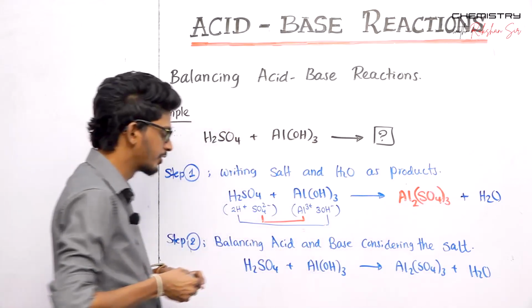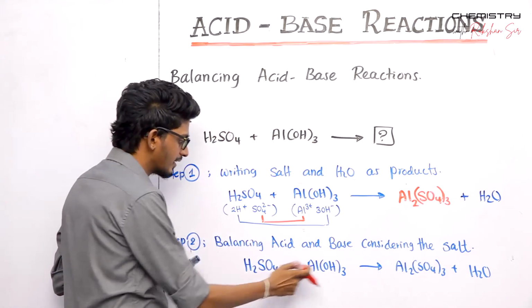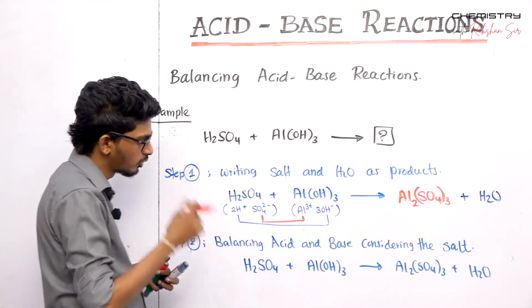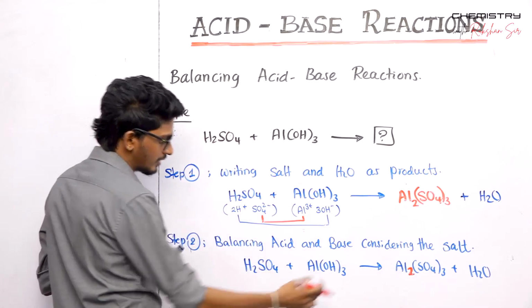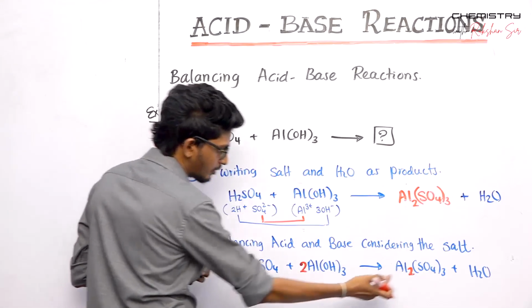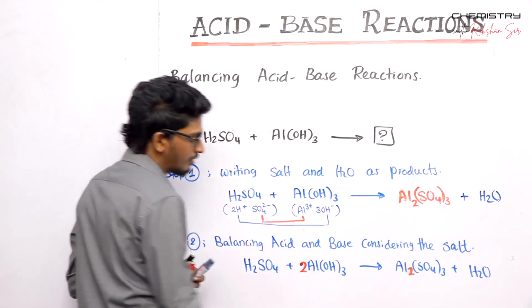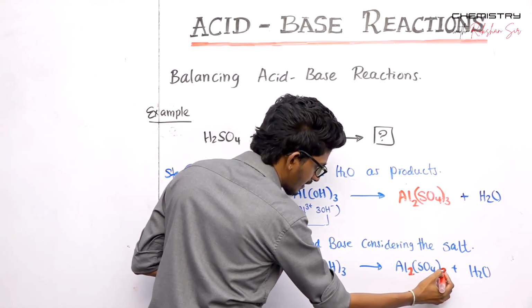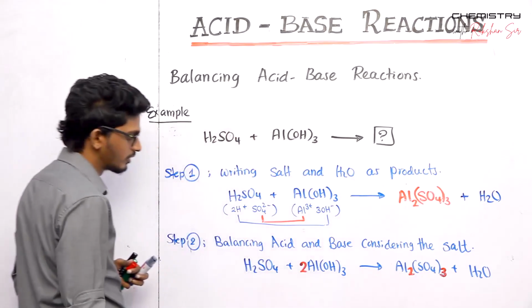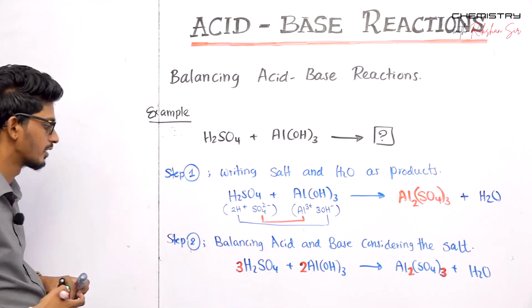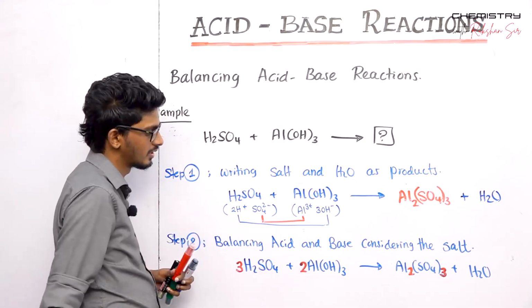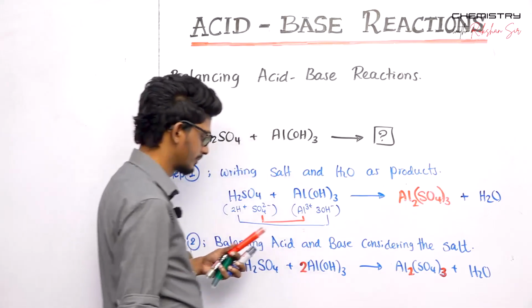By looking at the salt, we need to balance the acid and the base. In the salt, you have 2 aluminium ions, so you have to put 2 here. And you have 3 sulfate ions, so you need to put 3 here to provide the 3 sulfate ions. That is how we balance the acid and base by looking at the salt.